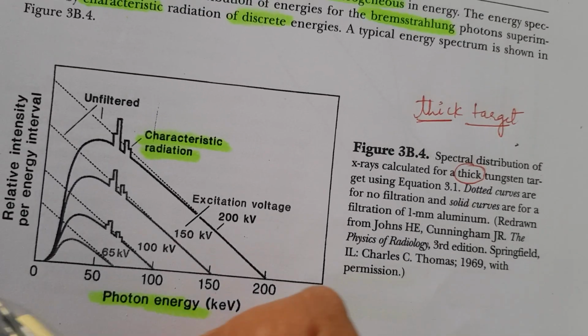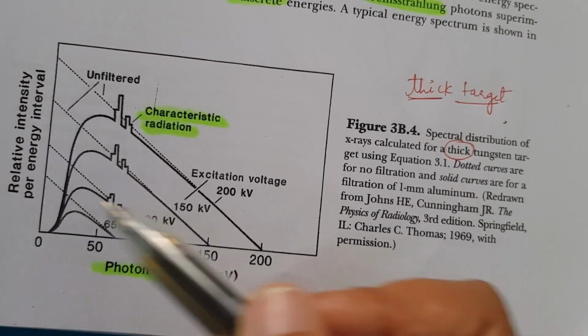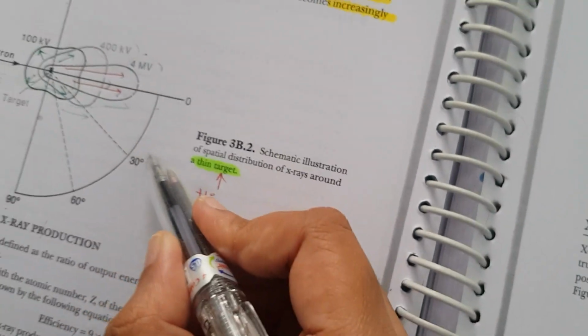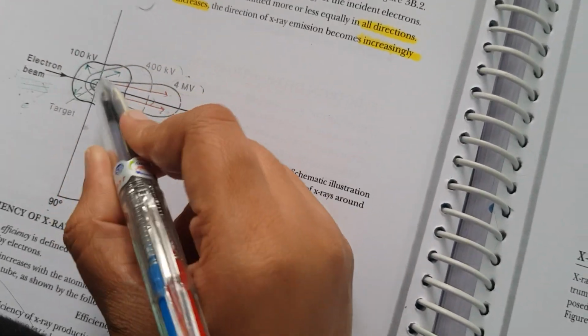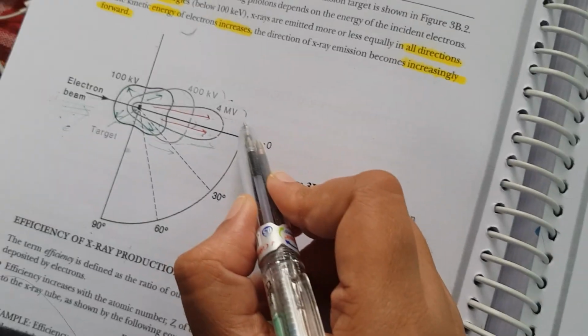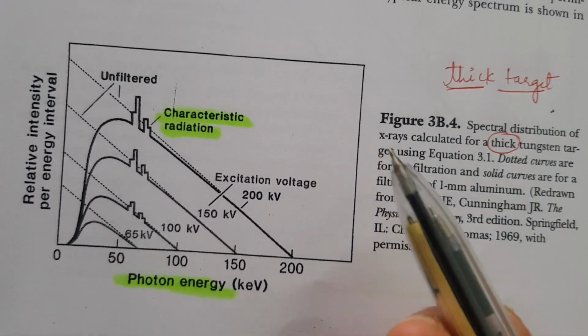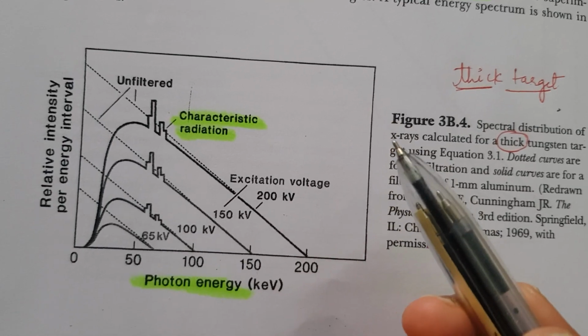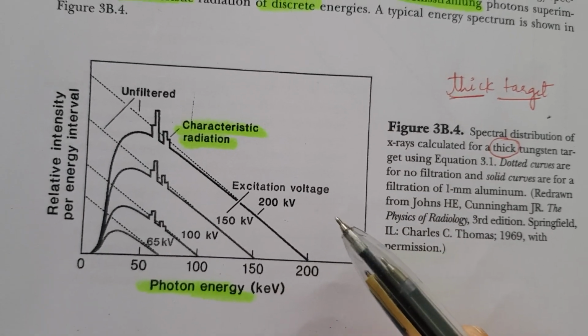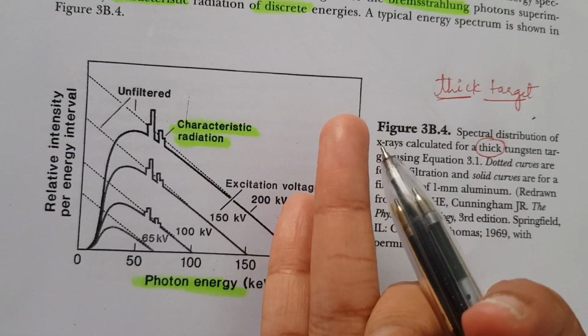Now the photons that are released, I said, are released based on the energy of the electrons which hit the target and then produce the photons, right? So those will include both Bremsstrahlung radiation photons and characteristic radiation photons being produced.